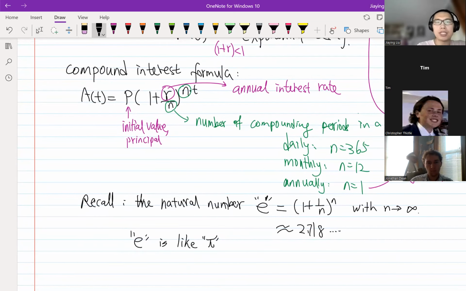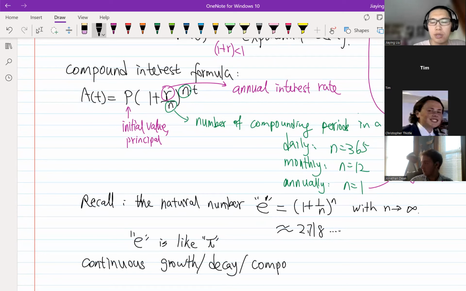Well, there's something called the compounded continuously model. So it's still a compounded interest formula, but it's for the continuous model. So continuous growth, decay, or maybe compound interest model.